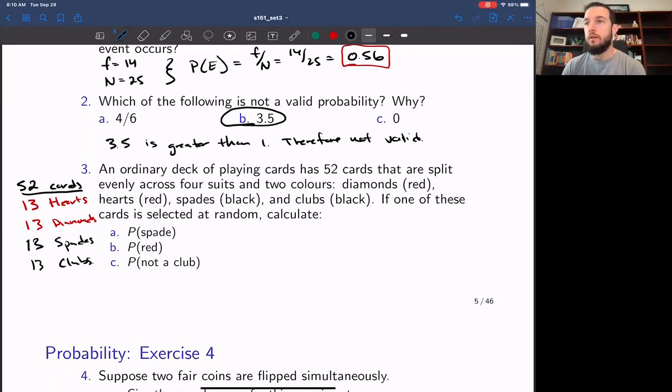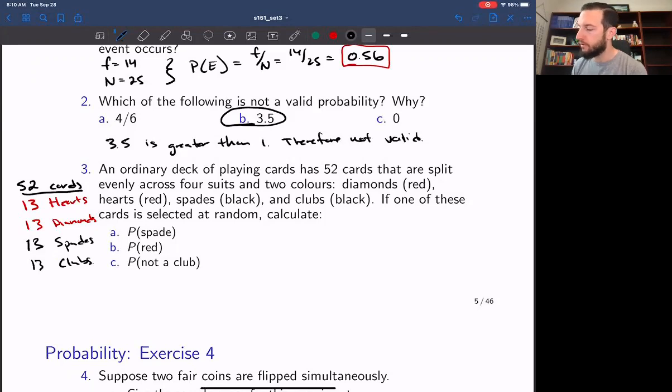The hearts and the diamonds are also red cards, which gives you a total of 26 red cards. And the spades and the clubs are black cards, which gives you a total of 26 black cards.